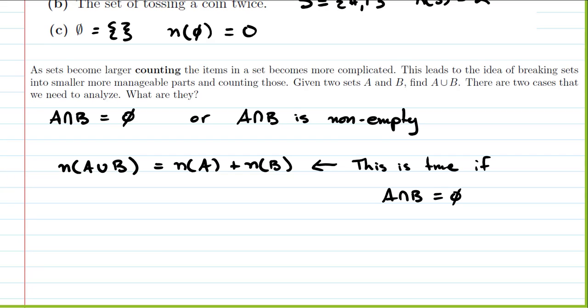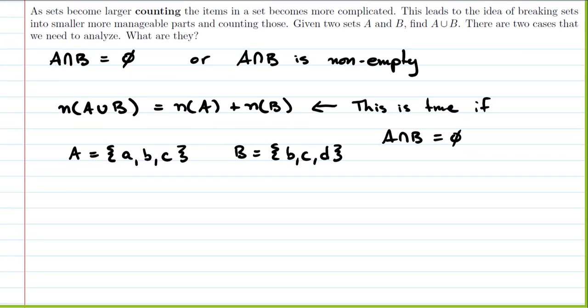But what if A and B had some common elements? Let's see what happens. What if I have the set A contain the letters a, b, and c, and I let the set B contain the elements b, c, and d? Then what is the number of things in A? 3. And what is the number of things in B? Also 3. Let's calculate a couple of things.